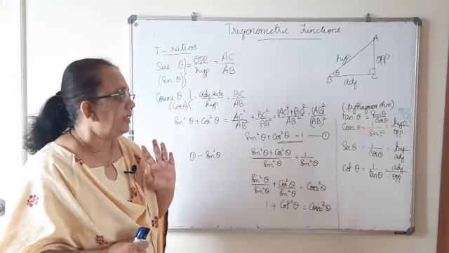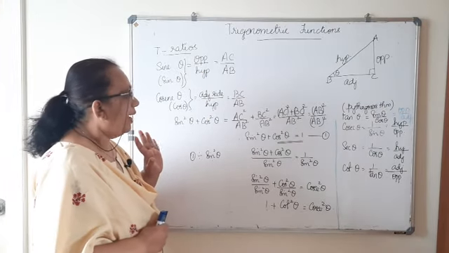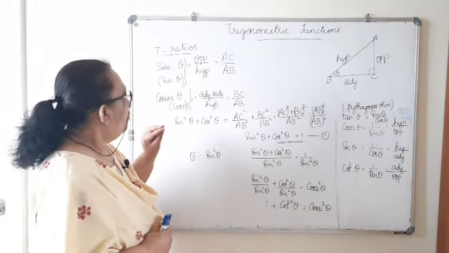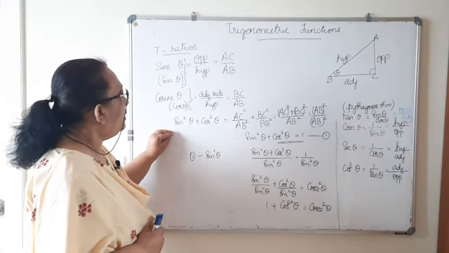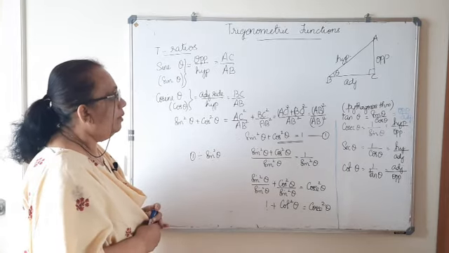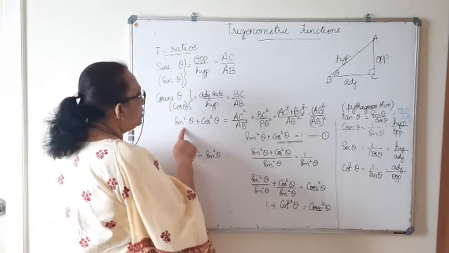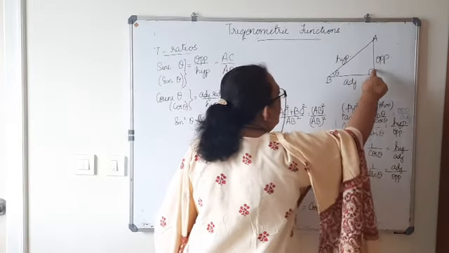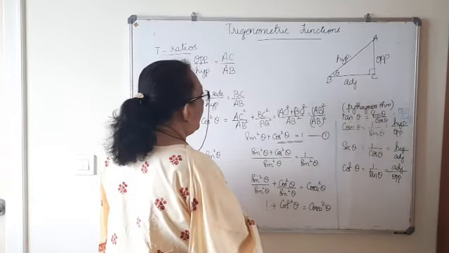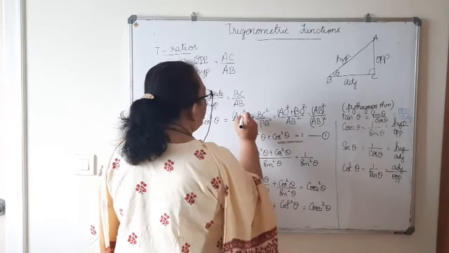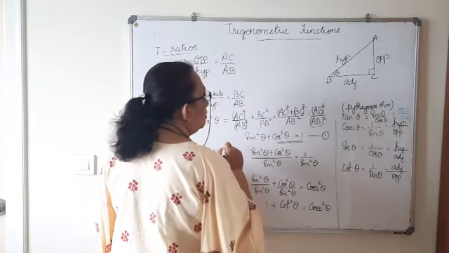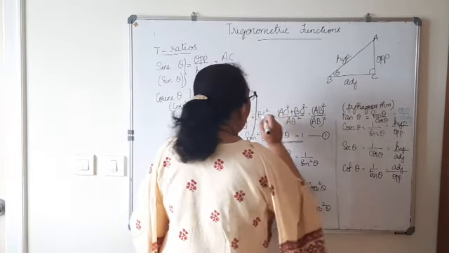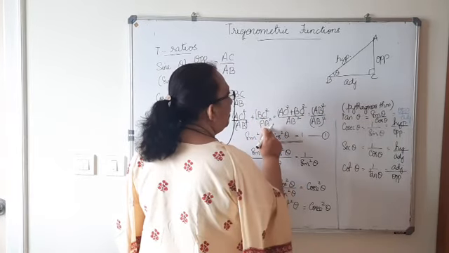Now, these are the trigonometric ratios. Based on the trigonometric ratios, we are going to define three very important identities. What is it? Sin squared theta plus cos squared theta. Now, looking into the figure, what is sin squared theta? Sin squared theta is equal to AC the whole squared by AB the whole squared, plus cos squared theta is equal to BC the whole squared by AB the whole squared.